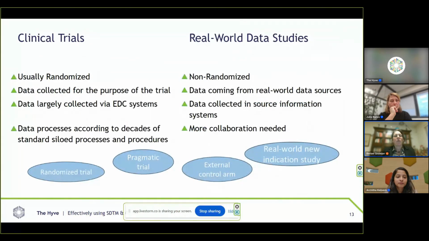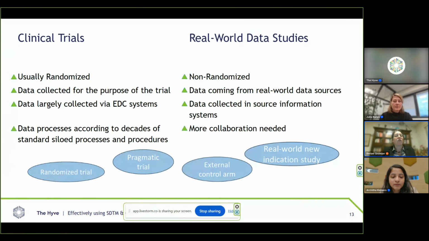If we compare clinical trials with real-world data studies, we see a lot of differences. Clinical trials are usually randomized, while real-world data studies are not. Clinical trials have data collected for the purpose of the trial, so you can dictate exactly what is collected, while real-world data comes from sources collected in routine practice.